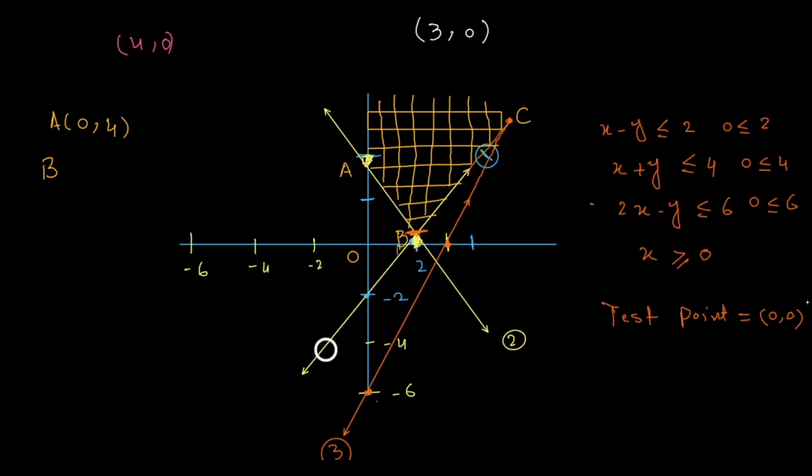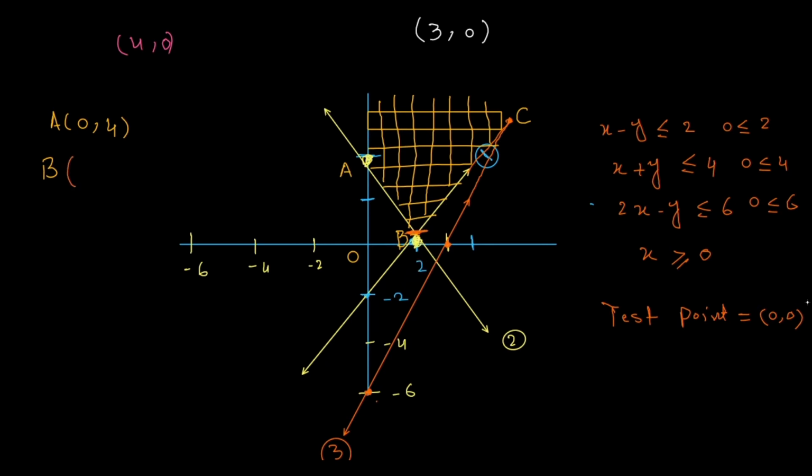You should know how to find the point of intersection, in the previous example we have done how to find it. The point of intersection of the second line and the first line is the point B, and this can be found.